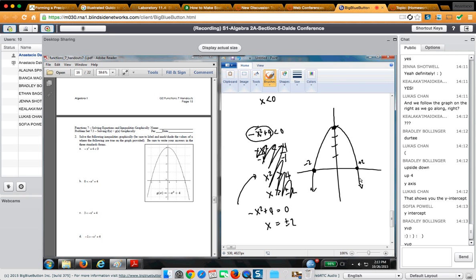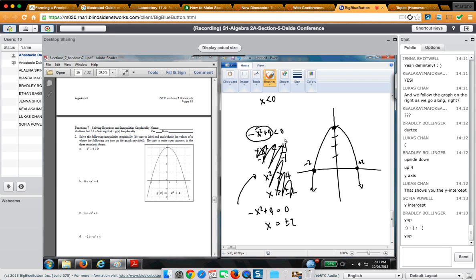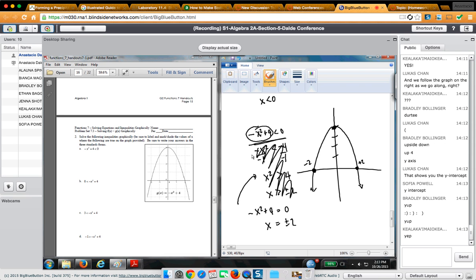So really what I'm asking for in this equation is, when is this graph below 0? That's what my question is. What x values give me the y value so that it's below 0?